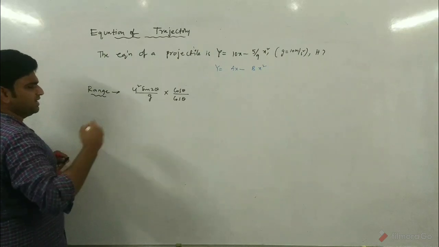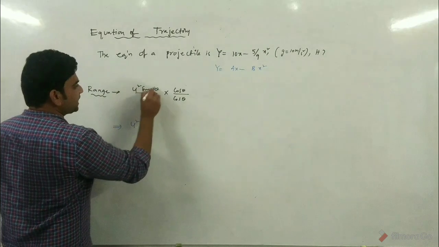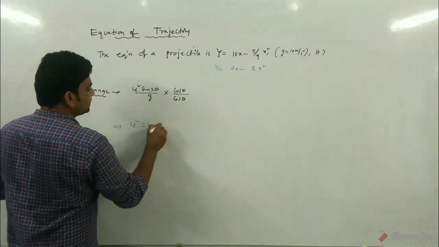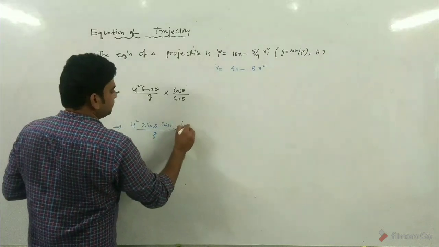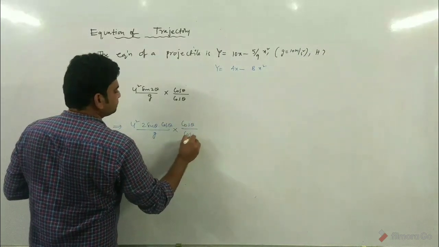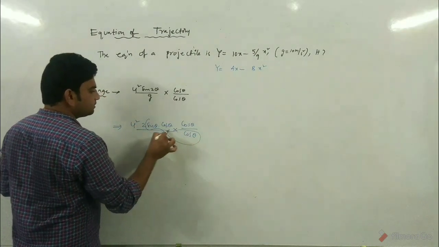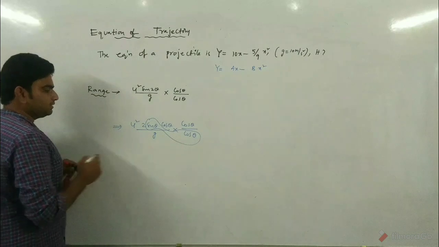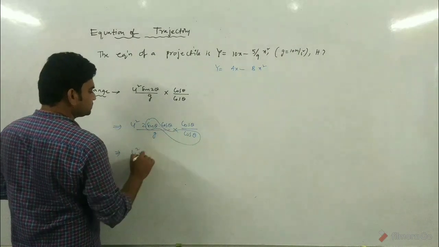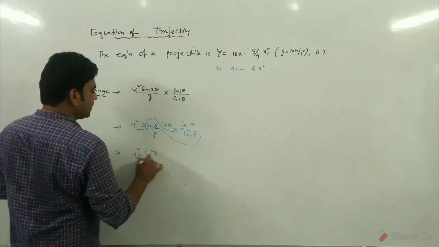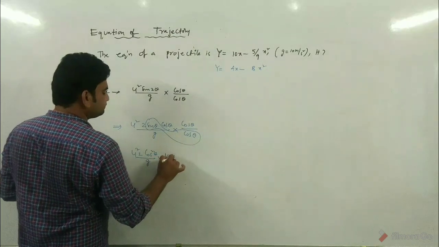Then sin 2 theta can be written as 2 sin theta cos theta, so u square into 2 sin theta cos theta by g into cos theta by cos theta. You can see here sin by cos can be written as tan. Remaining is 2 u square cos square theta by g into tan theta.